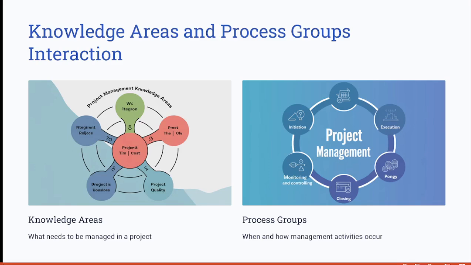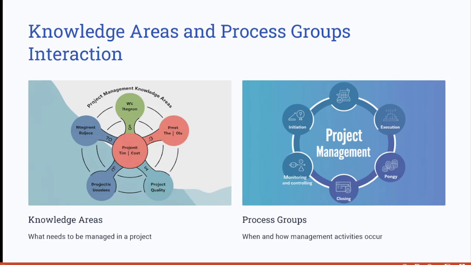So knowledge areas focus on what needs to be managed in the project. On the other hand, process groups focus on when and how management activities take place.